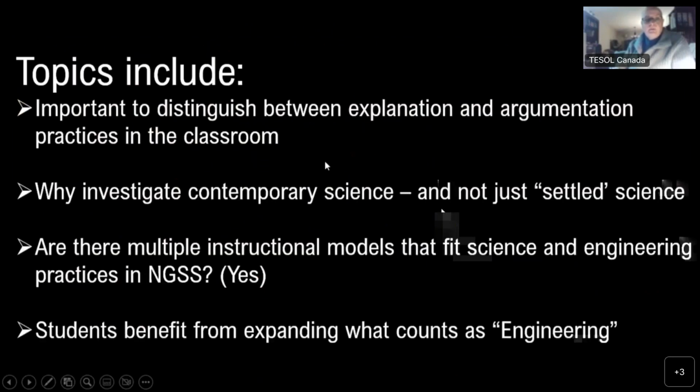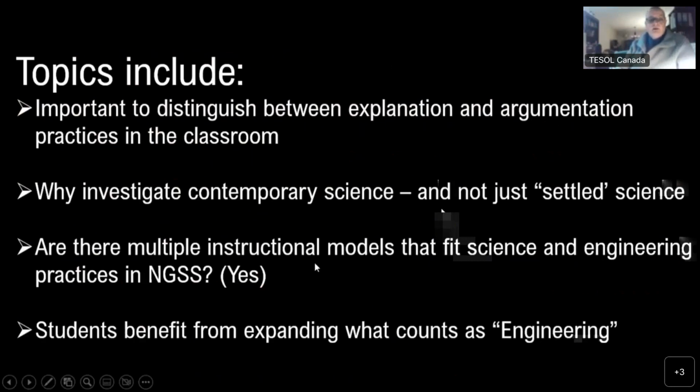Topics include, it's important to distinguish between explanation and argumentation practices in the classroom. Why investigate contemporary science and not just settled science? What they mean by settled science is science that has had conclusions made about it in the past.